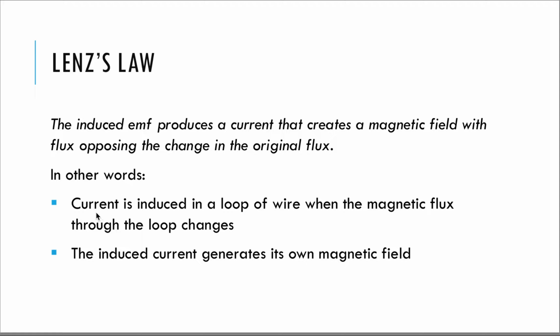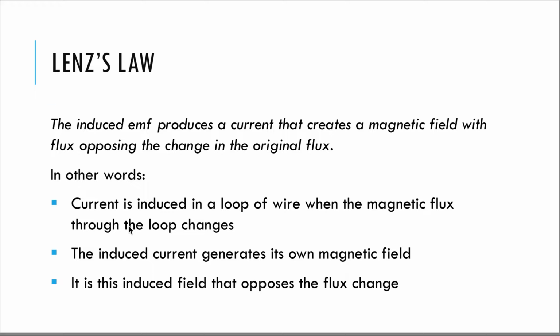So if there's an induced current in a loop, now you also have an induced magnetic field in that loop. That induced magnetic field is what is going to oppose the original change in magnetic flux that caused that induced current in the first place. So how does it oppose the original changing flux?